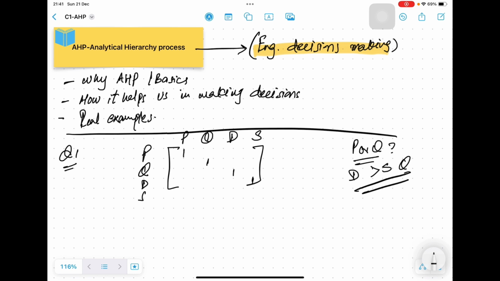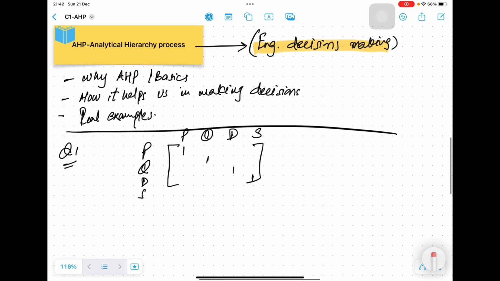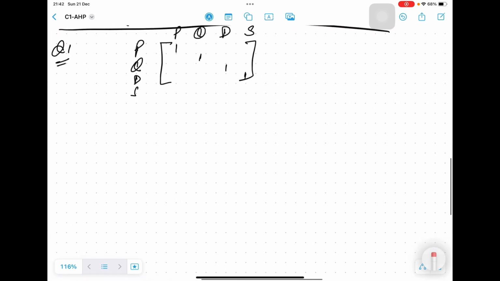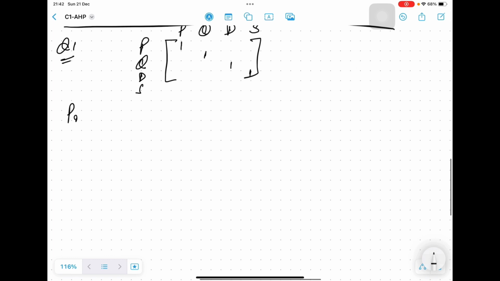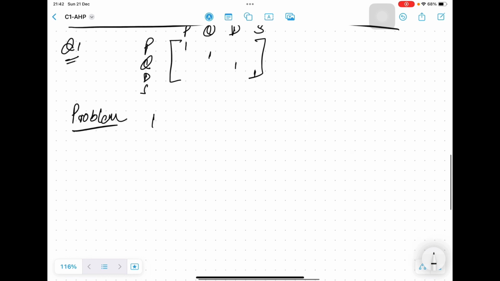So the problem that I said, let me remove this question so I can have some space. Okay, let's come to the question. Now, the core problem I would like to explain: what is the problem that has to be understood?